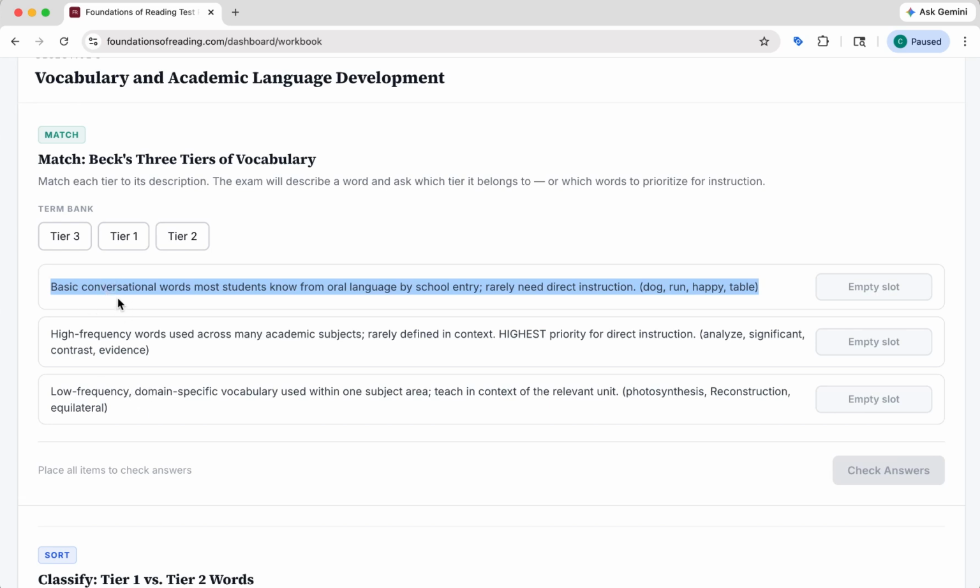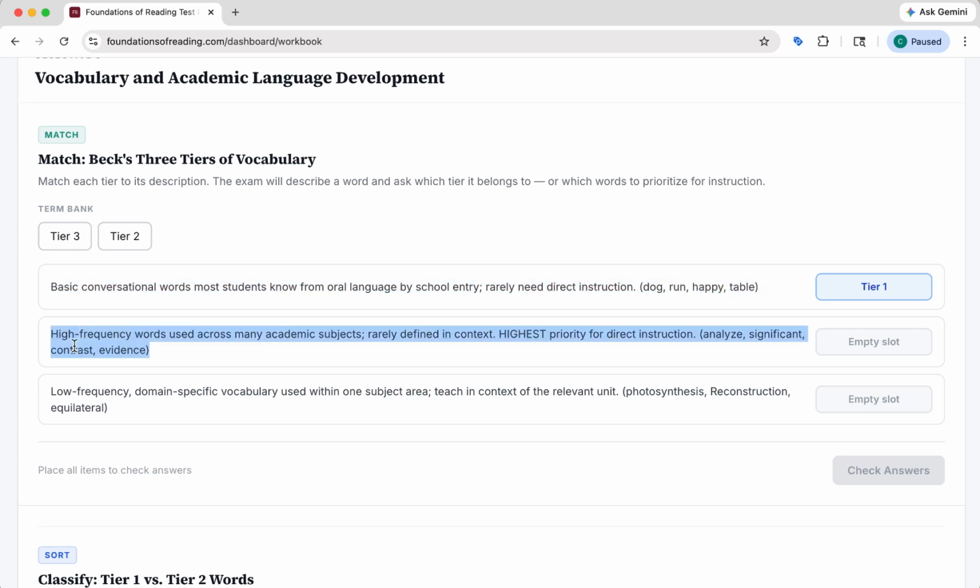Now, let's go ahead. The basic conversational words most students know from oral language by school entry. Think dog, run, happy, table. That is tier 1. High frequency words used across many academic subjects.